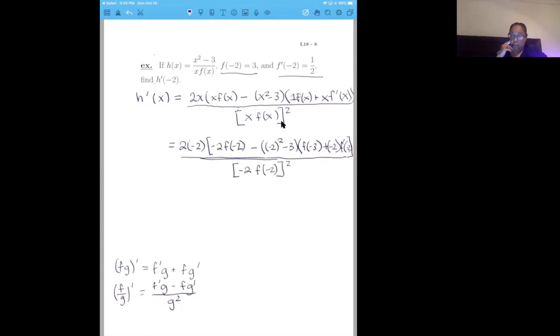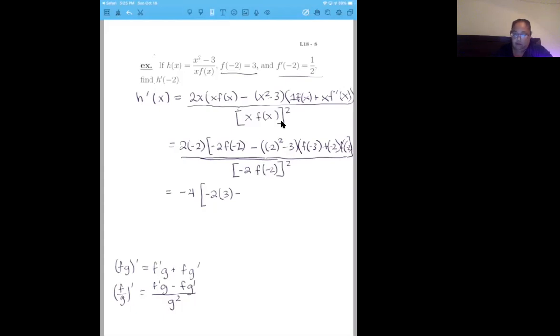All right, so now let's try to clean it up a little bit. I have 2 times -2, which is -4. I have a -2 times f of -2. f of -2 is 3, so I have a 3 here. Minus, I have -2 squared, which is 4, minus 3. So that's just 1.